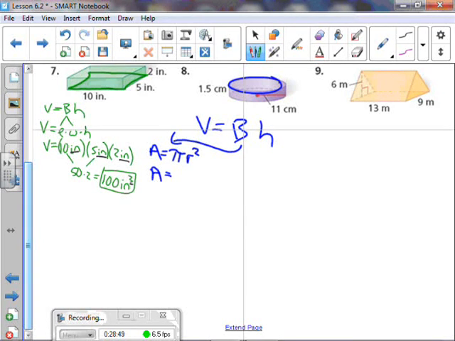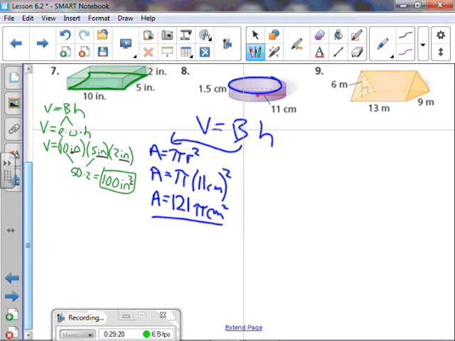So the area is equal to pi times the radius, which we have given as 11 centimeters, squared. 11 times 11 is 121, so the area is equal to 121 pi centimeters squared. We are going to leave this in terms of pi until we are done with everything. Otherwise, we're going to have a lot of decimals that we'll have to multiply several times.